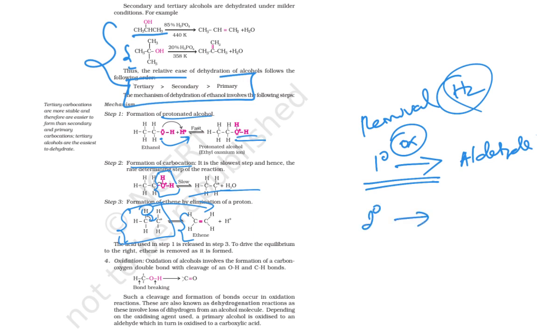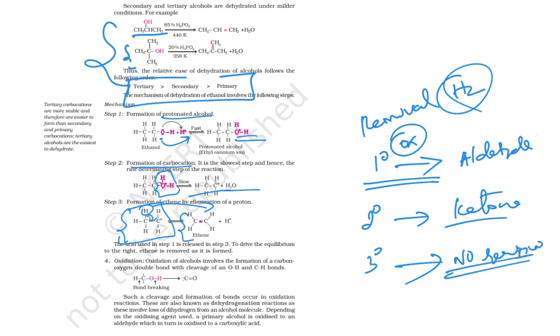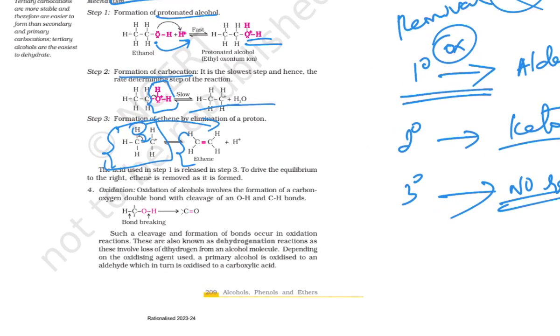Secondary alcohol gives rise to ketone if it undergoes dehydrogenation or oxidation. For tertiary alcohol, the OH-bonded carbon does not have any hydrogen in it, so most probably no reaction. So tertiary alcohol will not undergo the oxidation reaction. Look here, the cleavage and formation of bonds occur in the oxidation reaction.